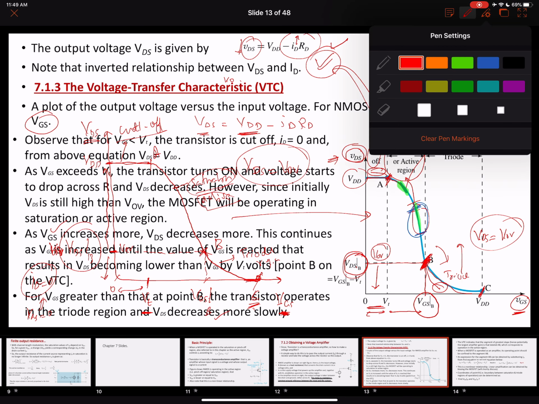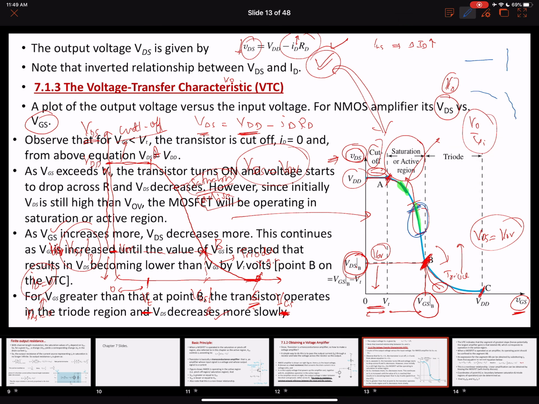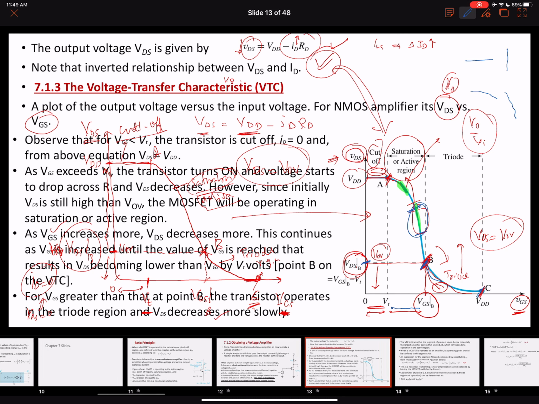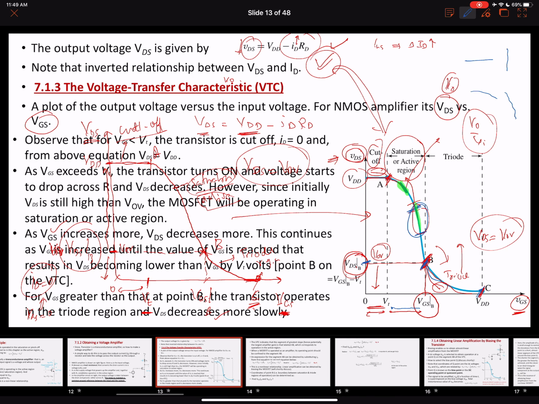When the gate to source voltage increases from the threshold voltage up to point B, which is equal to the overdrive voltage here, it remains in the saturation region, and beyond this point it goes into the triode region till point C. We also saw that in order to operate the transistor as an amplifier, we need to operate it in the saturation region. So we need to select the boundary points of B such that our transistor will not go into the triode region, and we are going to explain that in much more detail in the subsequent lectures.